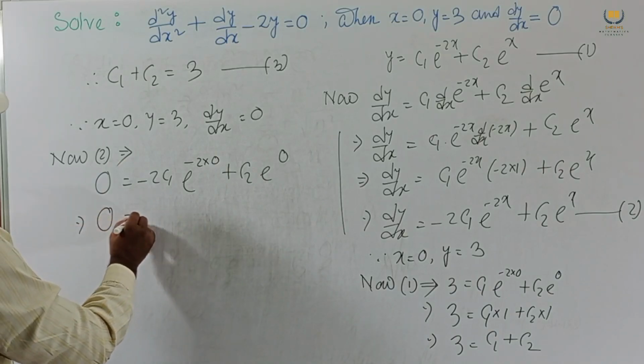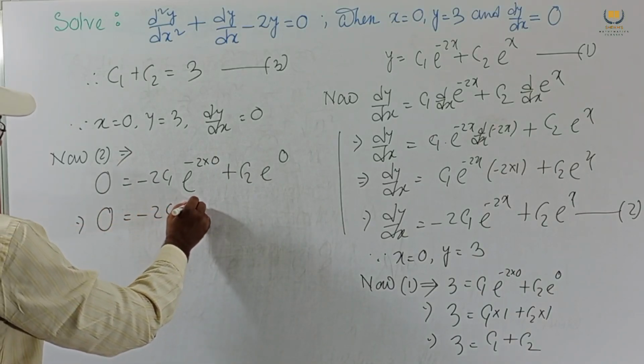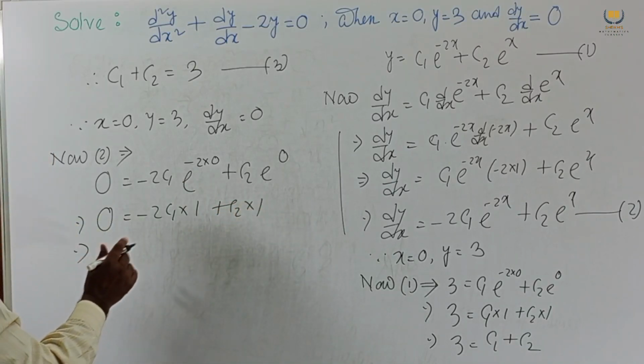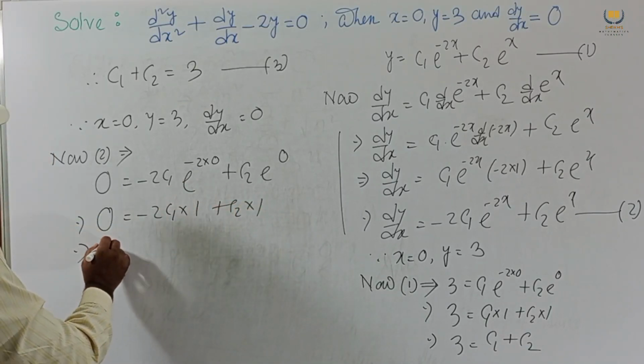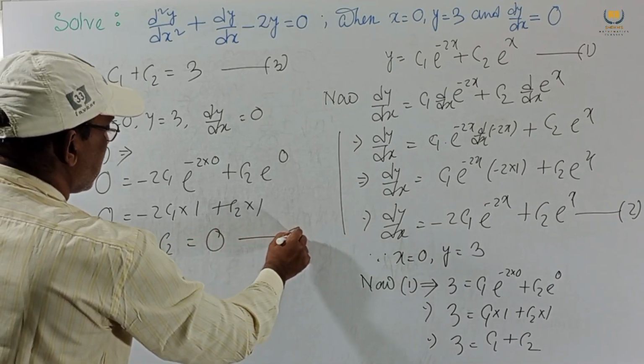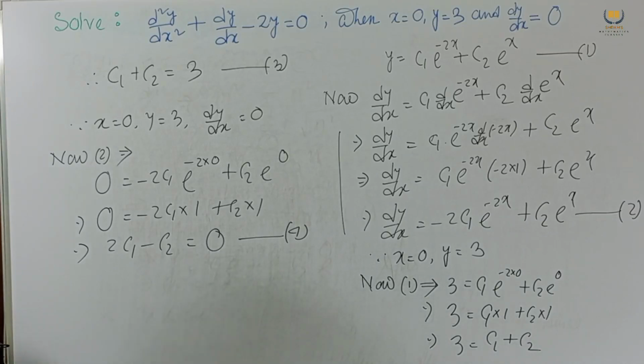So this implies minus 2 c1 into 1 plus c2 into 1. Taking this on the left hand side, 2c1 minus c2 equal to 0. This is equation number 4.